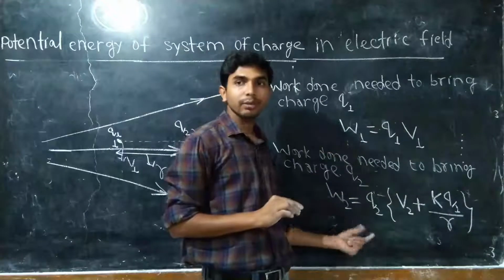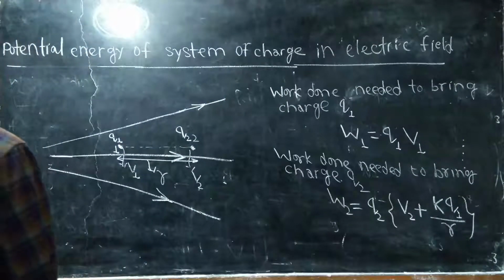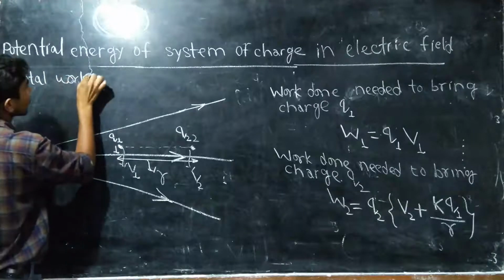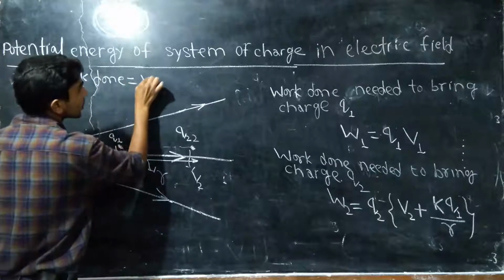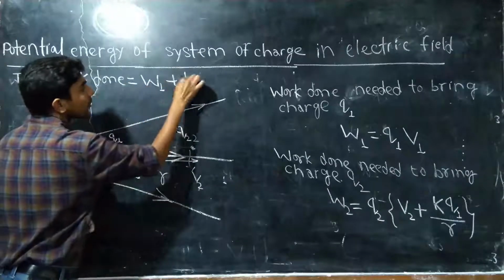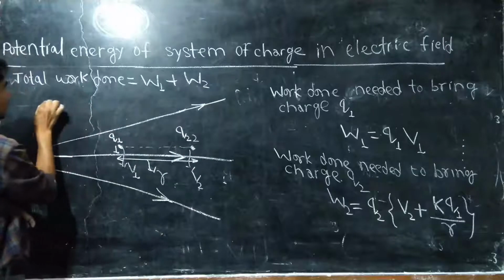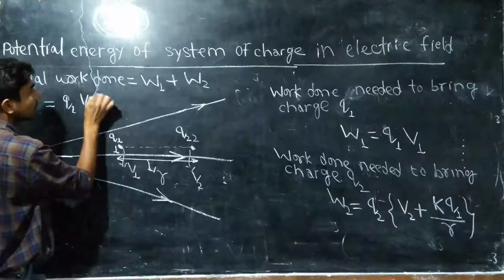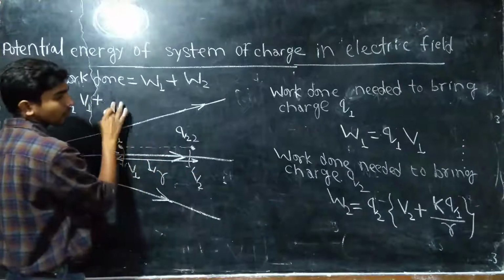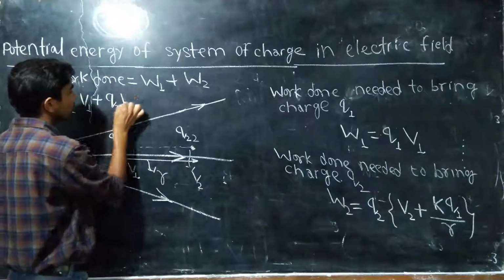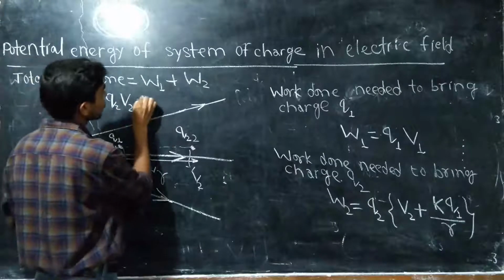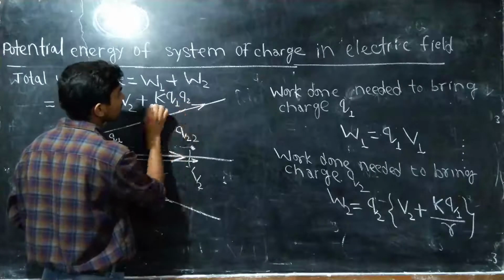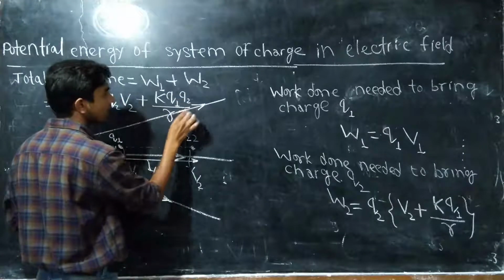So total work done is W1 plus W2, and W1 is Q1 V1, and W2 is Q2 V2, and one more term, KQ1 Q2 by R, right?